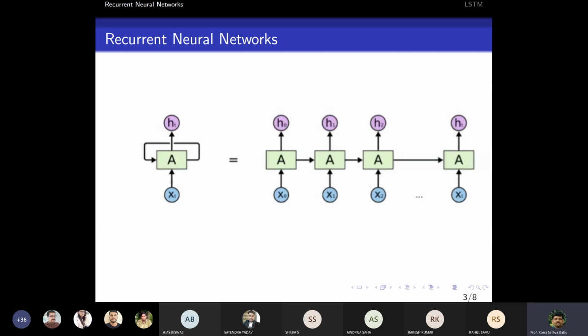What is the solution for that? Recurrent neural networks. There are situations where you need the previous output to get the new output, because of dependency issues. An example is prerequisites for some subjects.